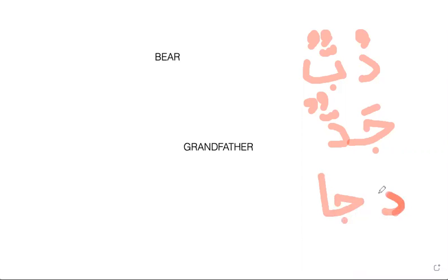Now let me write it this way, with jim, dal, and another jim, because alif also is not friendly. It will not hold the jim at the end. So dajajun, dajajun. Dajajun is chicken.